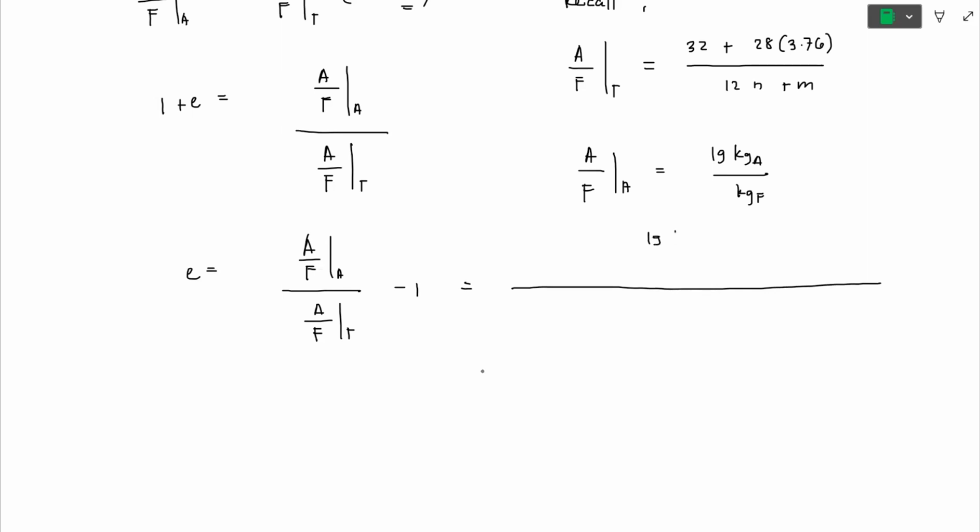So, 19 kilogram air per kilogram fuel. Divide it with, minus 1 natin. Divide it with 32. Ay, kulang ako ng x dito ha. Yung x. So, 32 plus 28 times 3.76 divide by 12 times 12 plus 26.